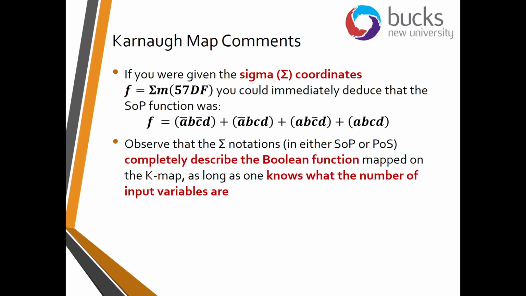So if you were given the coordinates F equals sigma m 57DF, you could immediately deduce from the SOP that the function was F equals not A, B, not C, D, or not A, B, C, D, or not A, B, not C, D, or A and B and C and D. So you observe the sigma notations in either SOP or POS completely describe the Boolean function mapped on the K-map as long as one knows the number of input variables.